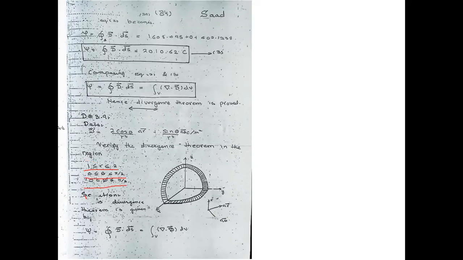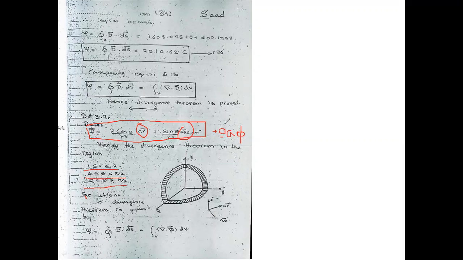And D is given this one. In D we have the r portion, in the direction of a_r, and the theta portion, and we have 0 a_phi portion, no a_phi portion.